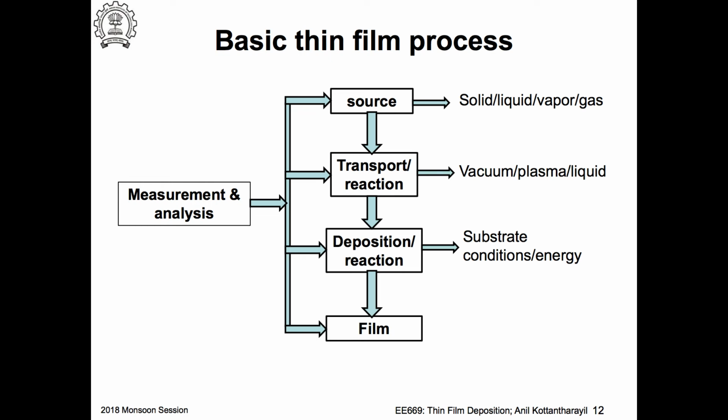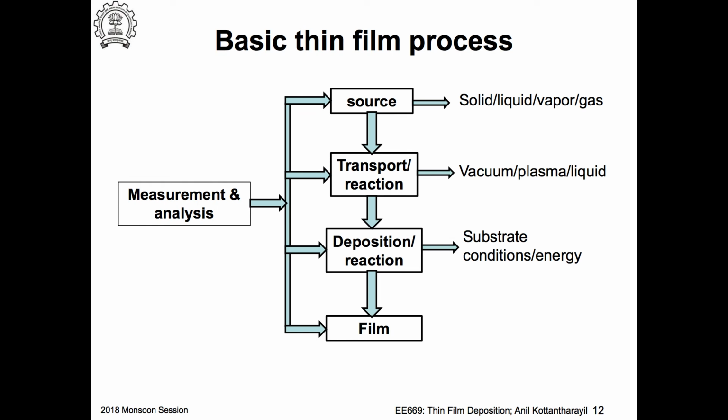So we were discussing this, that you have a source of the material that you want to deposit, and then it has to be vaporized and gets transported, and then you have a deposition that is happening on the surface of the final substrate where you want the film to grow.